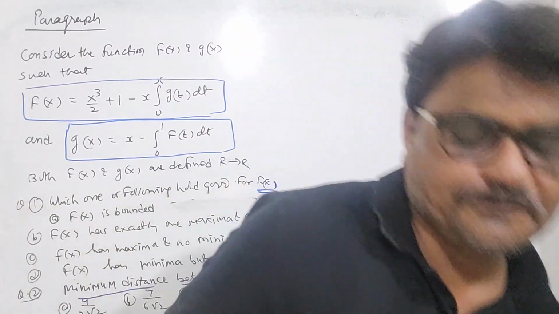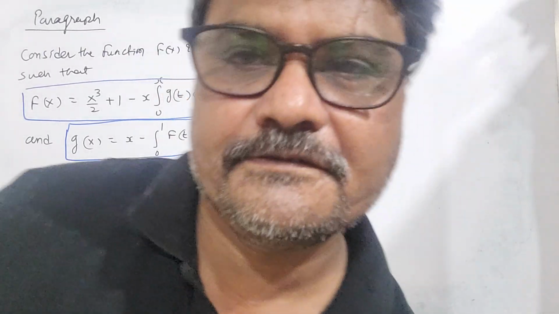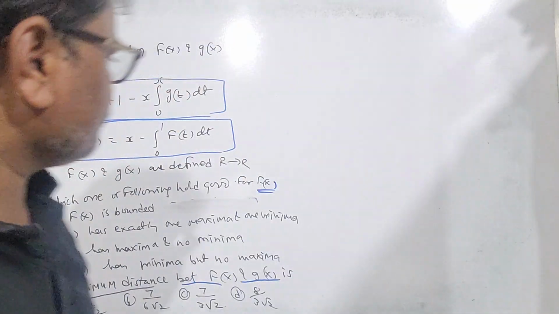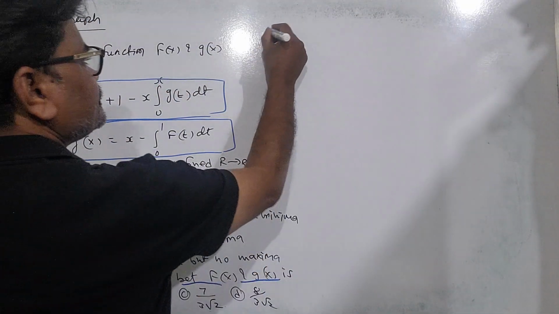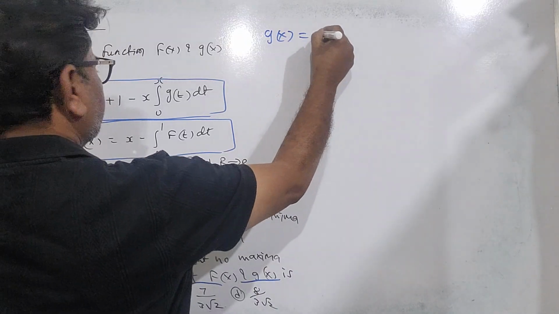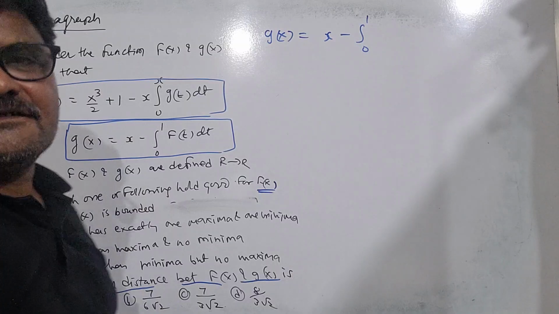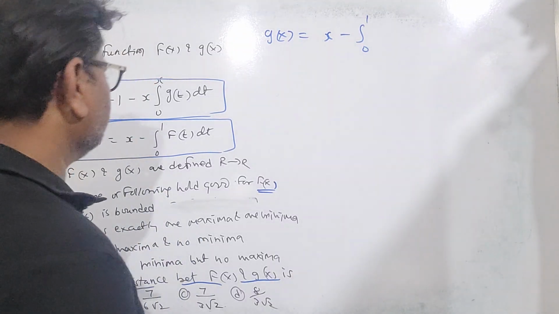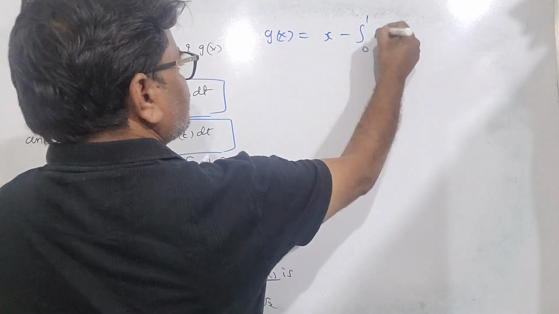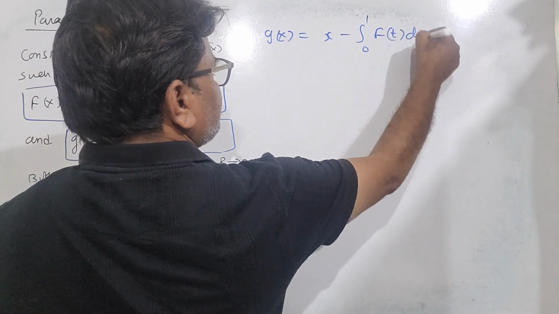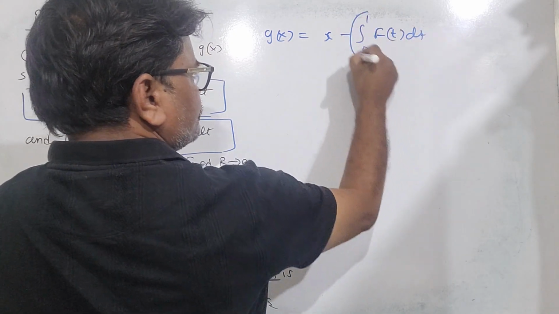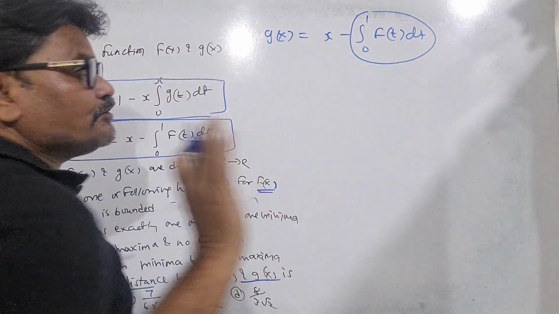Correct? So look at here. g(x) first. g(x) is x minus this limit 0 to 1. This limit 0 to 1 shows that this integral of f(t) dt, this value, is coming to be a constant.